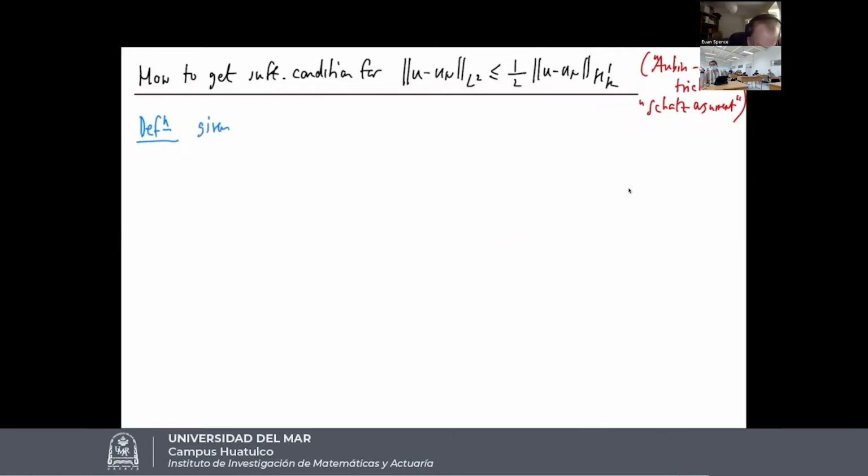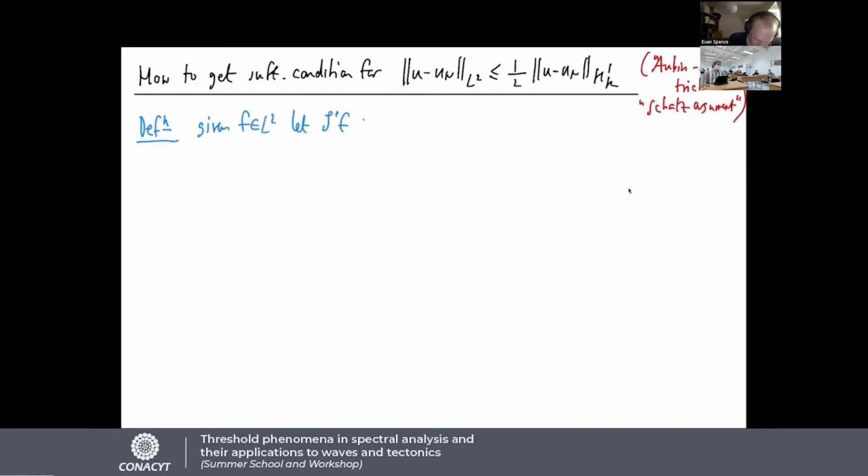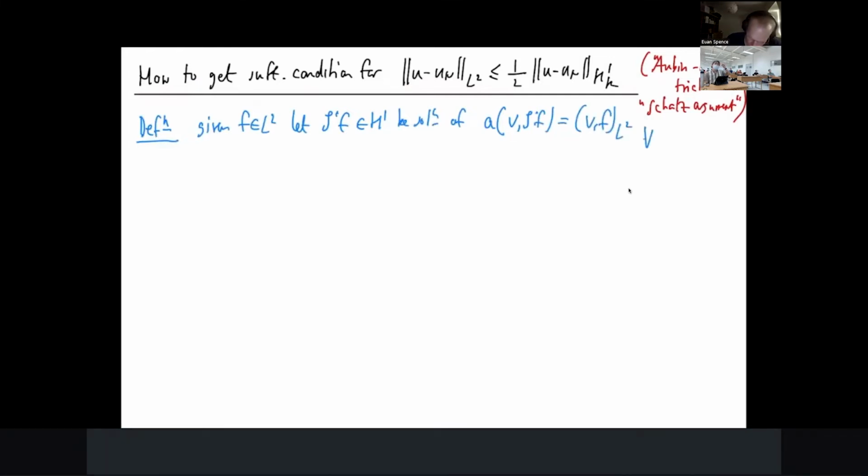Given an f in L2, I'm going to let S star f in H1 be the solution of A(v, S star f) equals (v, f) in L2 for all v in H1.